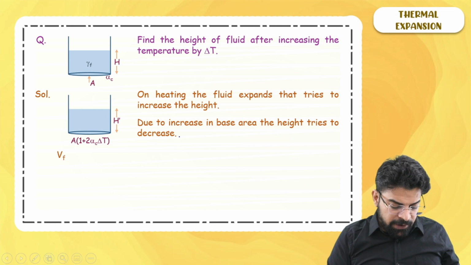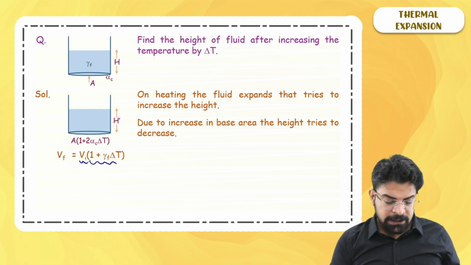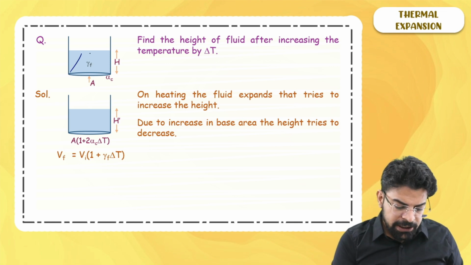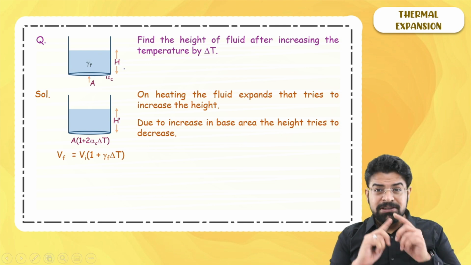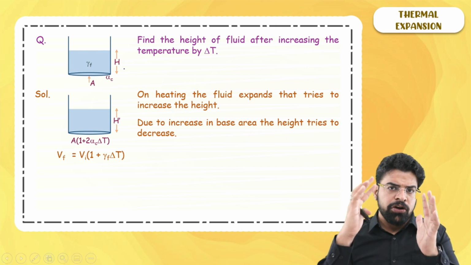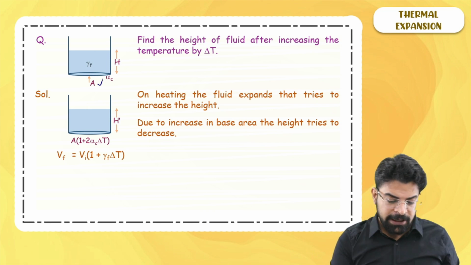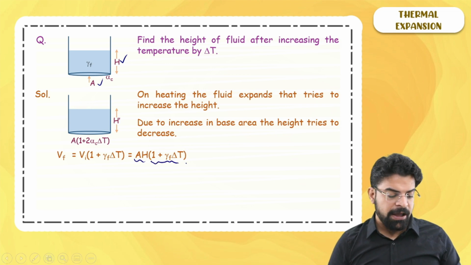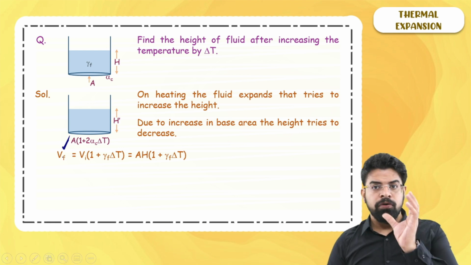We can write the final volume as original volume into 1 plus gamma fluid into delta T. The original volume of the fluid in this cylindrical container can be written as the original base area into the original height, that is, the area of cross section of container times the height of fluid. So you can write AH into 1 plus gamma F delta T. This will be the final volume of fluid in the container.